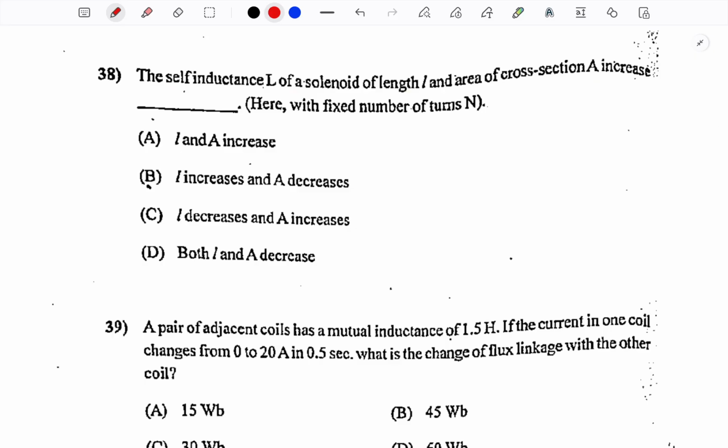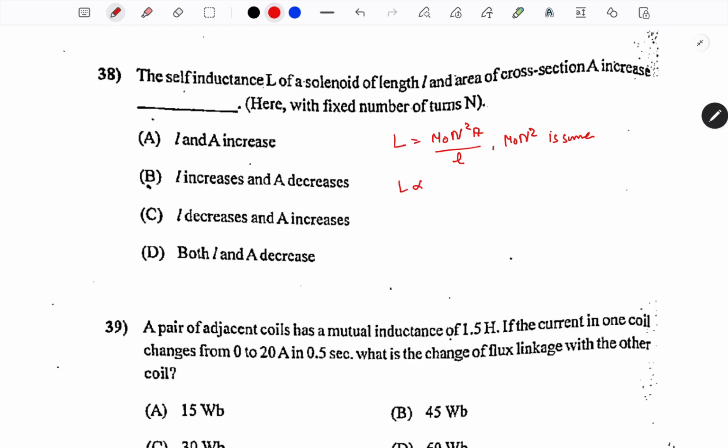Here with a fixed number of n turns. For self-inductance we know that L is equal to mu 0 n square A by L, where mu 0 n square is the same.